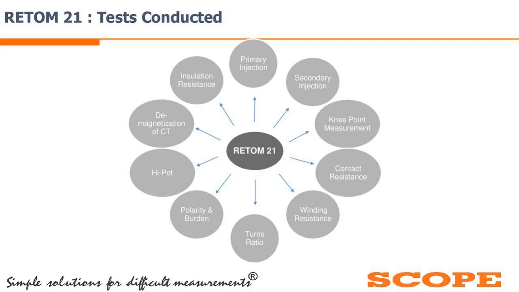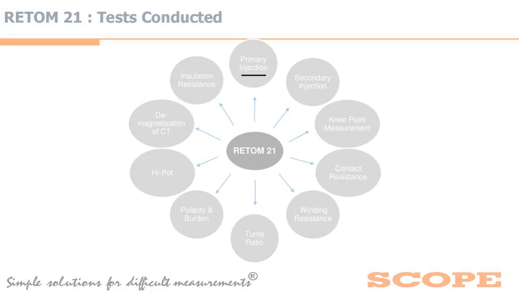The first one is primary injection, the second one is the secondary injection test, then knee point measurement, which is important on the current transformer, then contact resistance of circuit breaker, bus bar, any winding, then winding resistance of a transformer, turns ratio of current transformer, voltage transformer and power transformers, then polarity and burden, polarity of CTs and VTs and burden, then hipot testing, that is high voltage testing, then demagnetization of the CT and insulation resistance of any device.